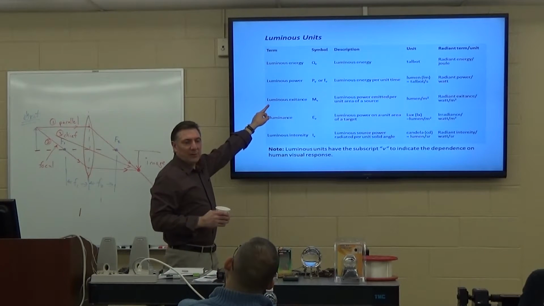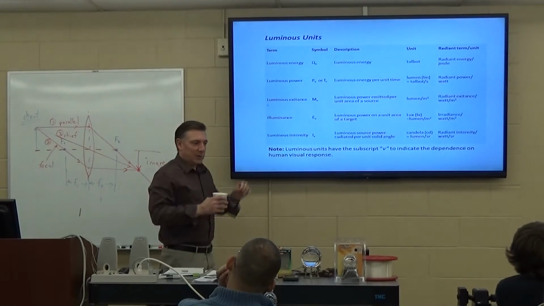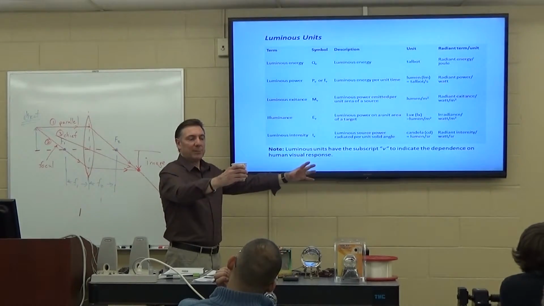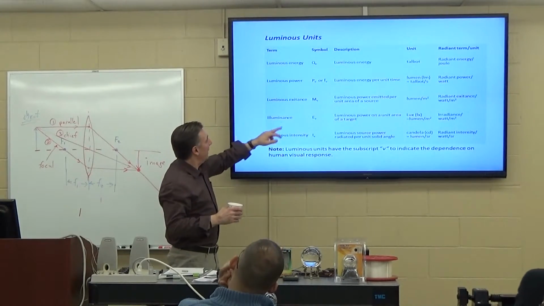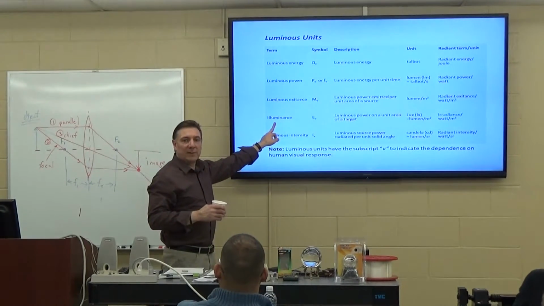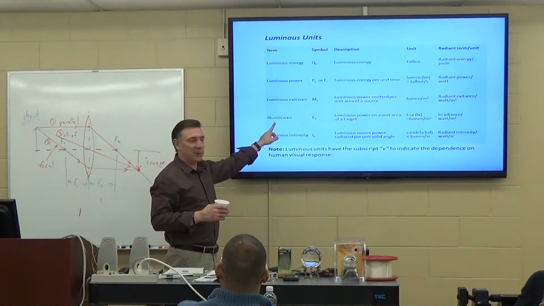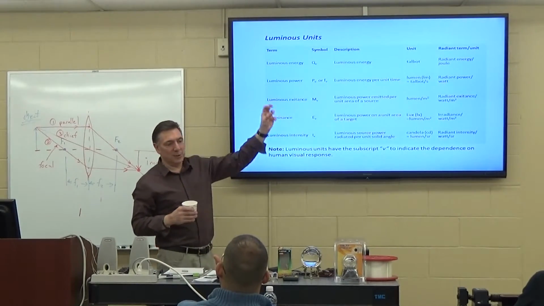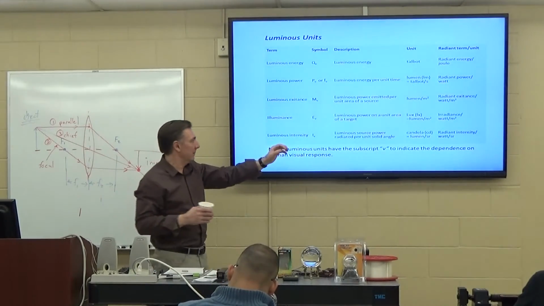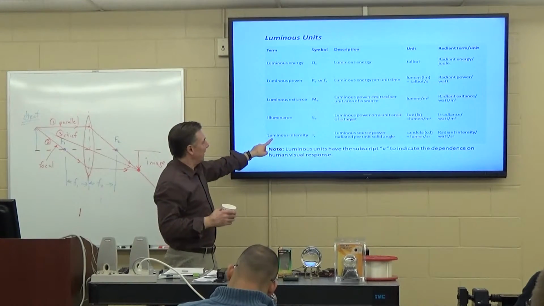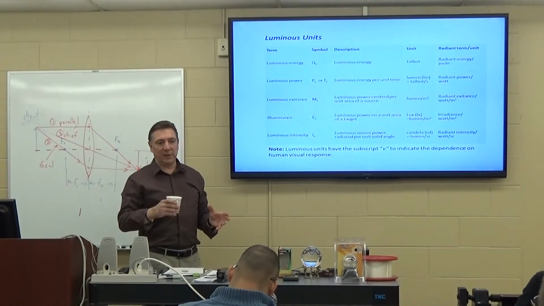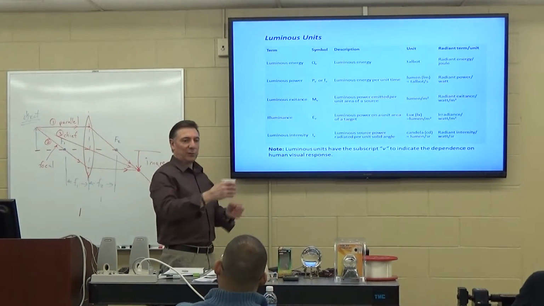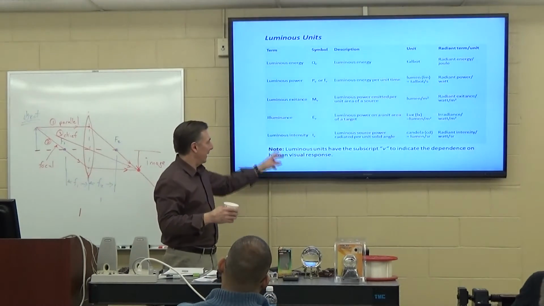Luminous exitance is just like radiometric exitance, how much light is given off by an object, but corrected for the human eye. Illuminance is the equivalent of irradiance in radiometric terms, so it's how much light, watts per square centimeter or per meter. And then luminous intensity, same as radiant intensity, is basically watts per steradian, per solid angle.